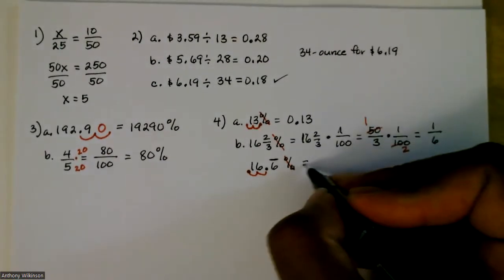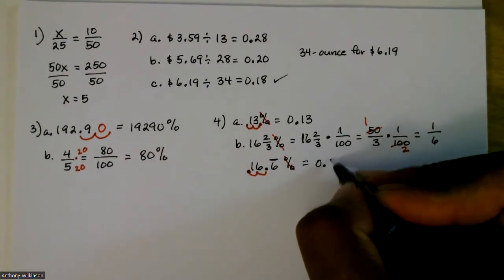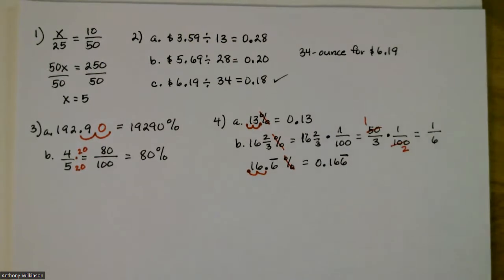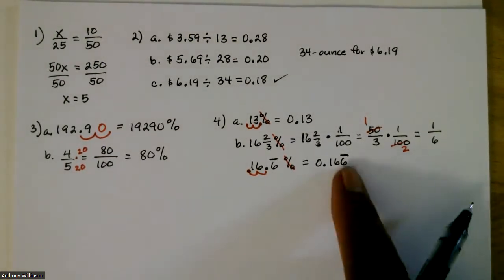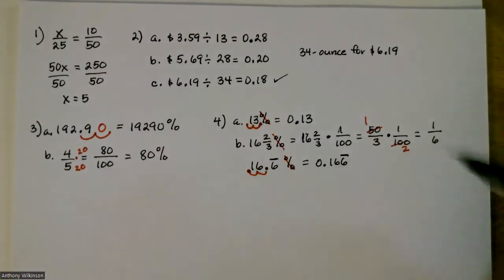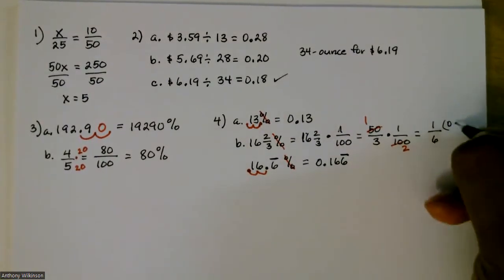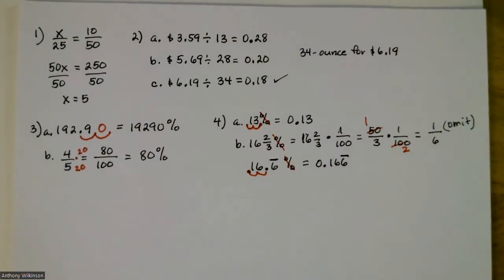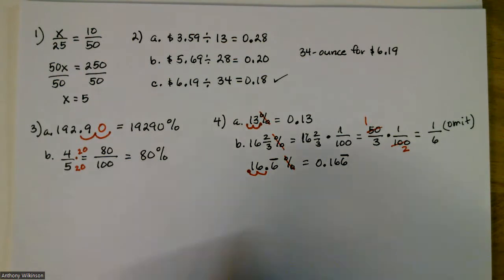So this will end up being 0.166 repeating. Okay, this is the decimal we're looking for, not the fraction. So here, omit this. Okay, it's a good way to know that you can change a percent to a fraction, but here they're asking for the decimal. And this will be 0.166 with the 6 repeating.